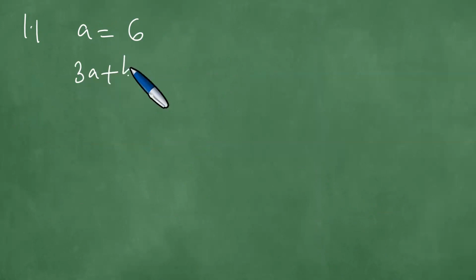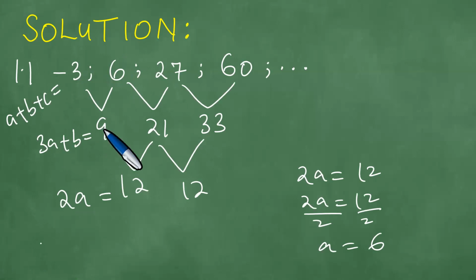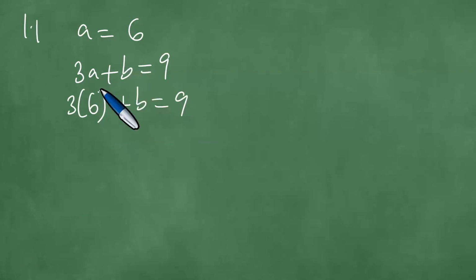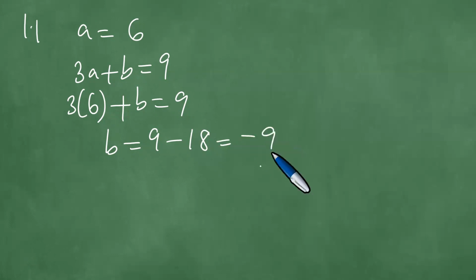So in 1.1, a equals 6. Moreover, we have the other equation, 3a plus b equals 9. A is 6, plus b equals 9. So we substitute a equals 6 there, and we find that b is equal to 9 minus 3 times 6, which is 18, and 9 minus 18 is minus 9.